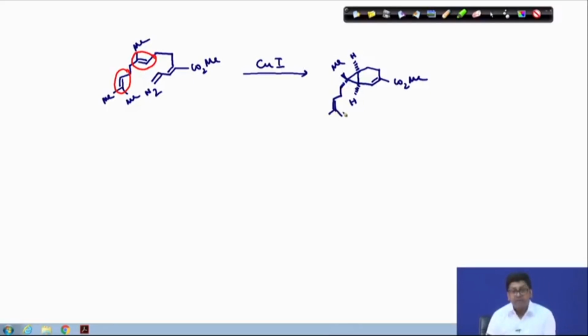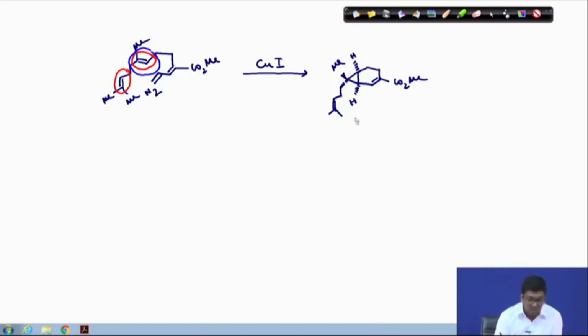Okay. So, if you see that only this double bond reacted. Why? Because when the carbene inserts into this double bond, or when this addition is happening, that gives a 6-member ring if it reacts with this double bond.